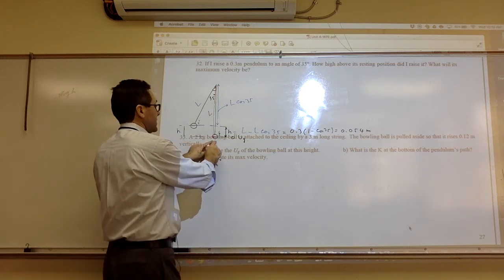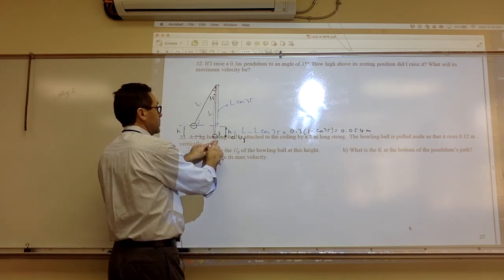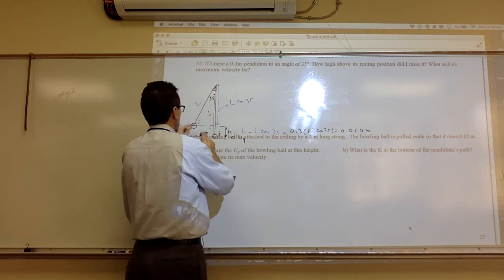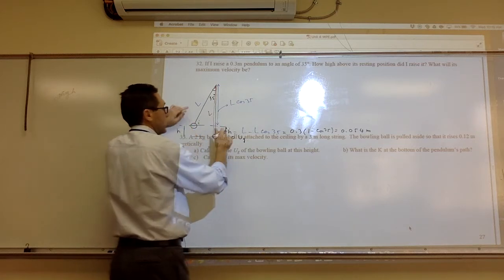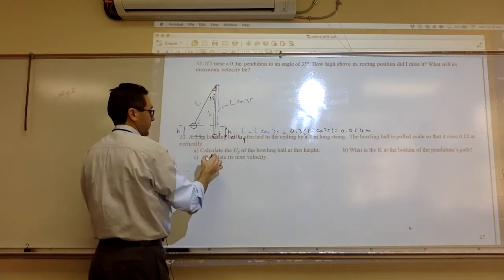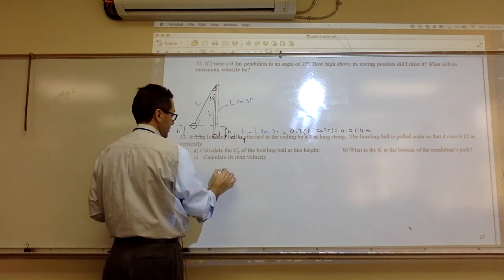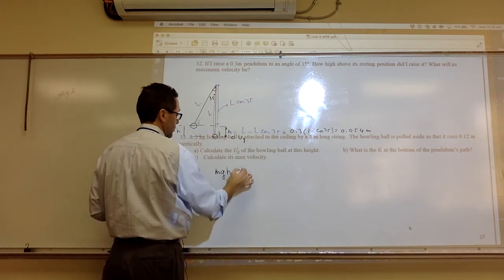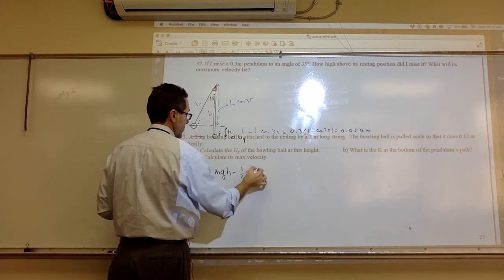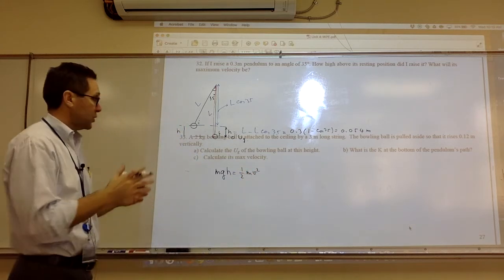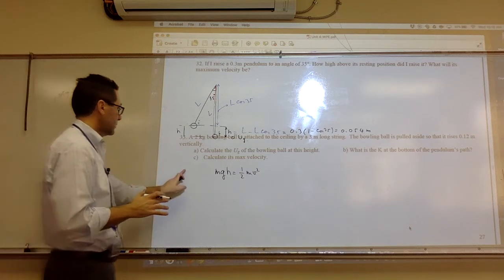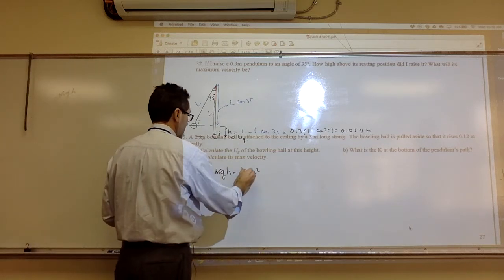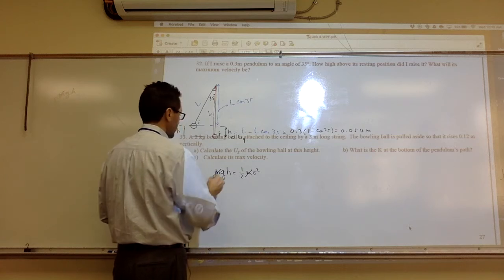Okay. What will its maximum velocity be? Well, the maximum velocity is going to be down here. So at this level here, all the gravitational potential energy I had up here becomes kinetic down there. So I can write mgh equals 1/2 mv squared. So I'm doing the energy initial plus work done in between the two states equals energy final. So the mass is not important.